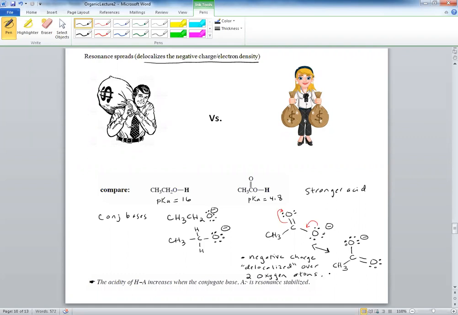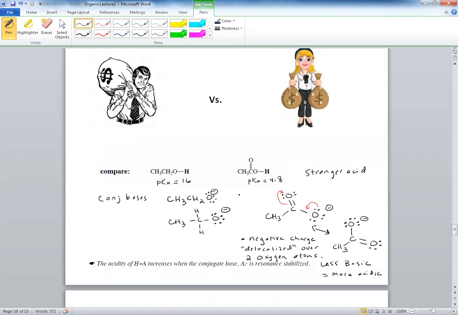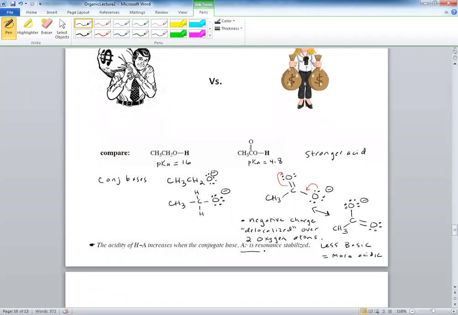So obviously that's going to result in a less basic conjugate base, which means it's a more acidic acid, or the stronger acid. So this is really what resonance is. So look for resonance as a stabilizing force.